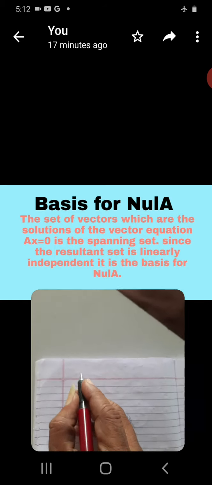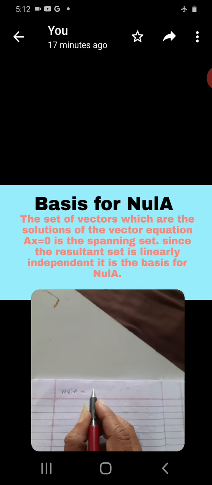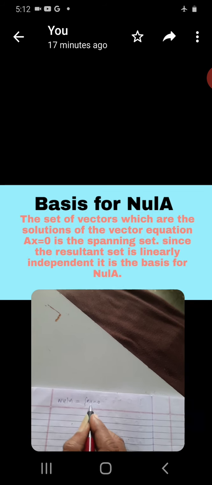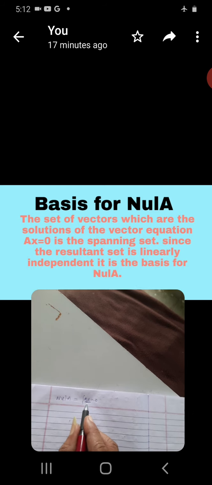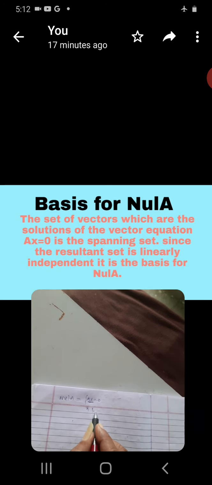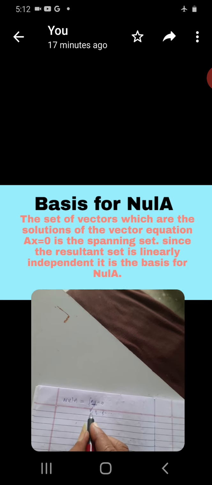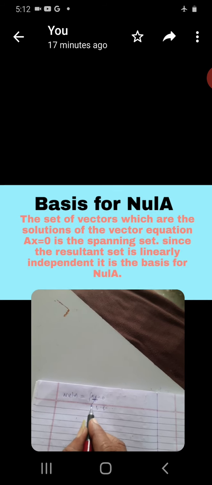You see Null A. You know Null A means Ax = 0. You write all solutions of this, x1, x2, x3, as a linear combination. Null A is the span of v1, v2, v3.